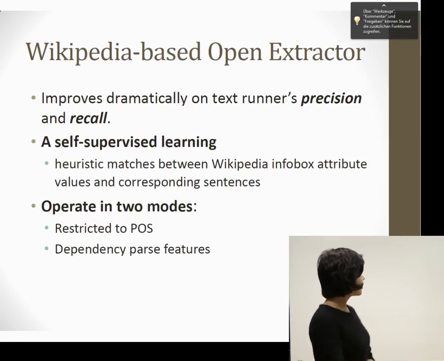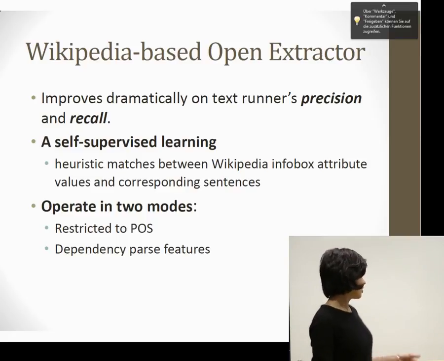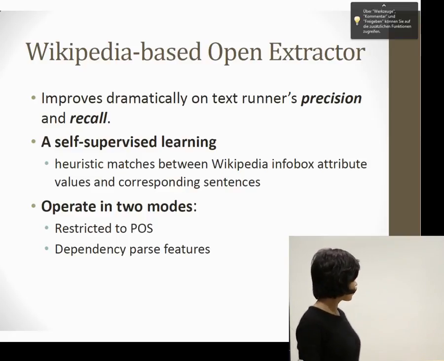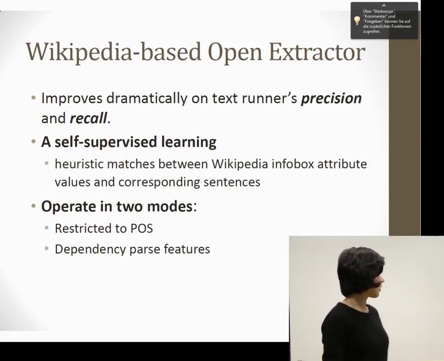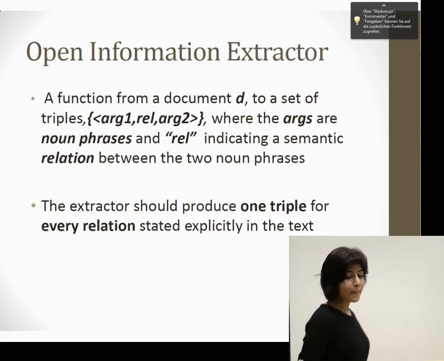It operates in two modes. One is restricted to part-of-speech tagging, which is known as shallow features, and the other one is dependency parse features, which build a parse tree. We will see them in later slides.